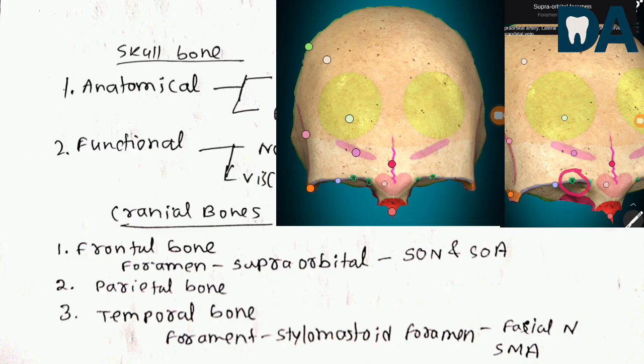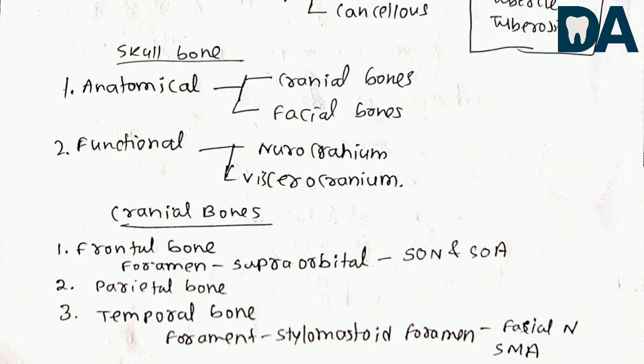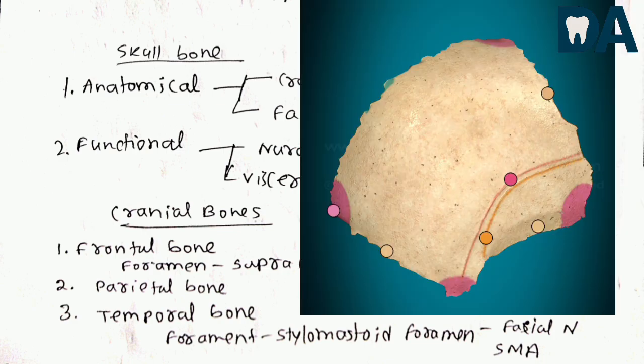Frontal bones have two frontal sinuses and one foramen, the supraorbital foramen. The structures transmitted through the supraorbital foramen are the supraorbital nerve and supraorbital artery.